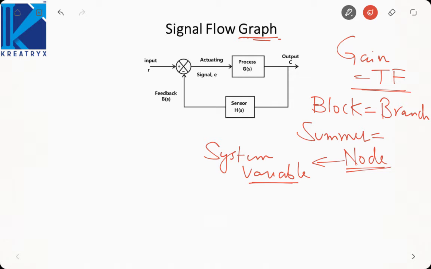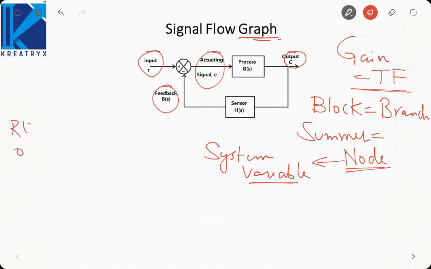Like when we talk about network graphs, there each node represents a system voltage or voltage of that network. So here also, each node will represent a system variable. System variable in the sense like output C, input R, feedback B, error signal E. So each node will be representing any practical signal. So let us see how we can do this.